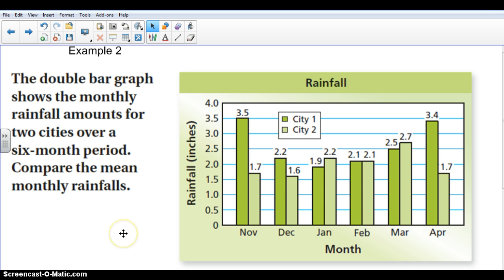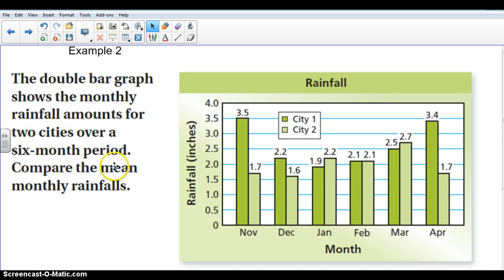To figure out the mean of your data, keep in mind you do have to split between city 1 and city 2. You have to look at 2 different cities.